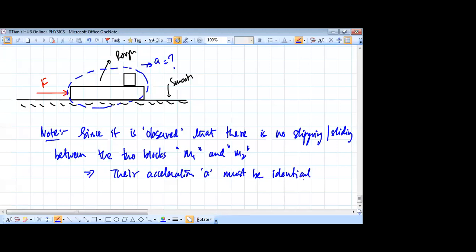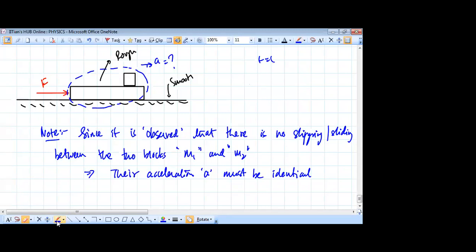Because the acceleration is identical, at some time t both of them will have a common value of velocity. This is also moving with the same velocity as this is moving, because this is not shifted with respect to this. That is the meaning. There is no relative motion between them.